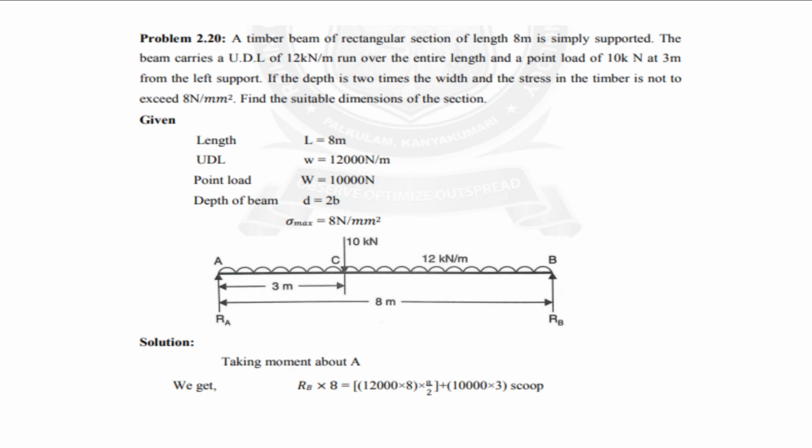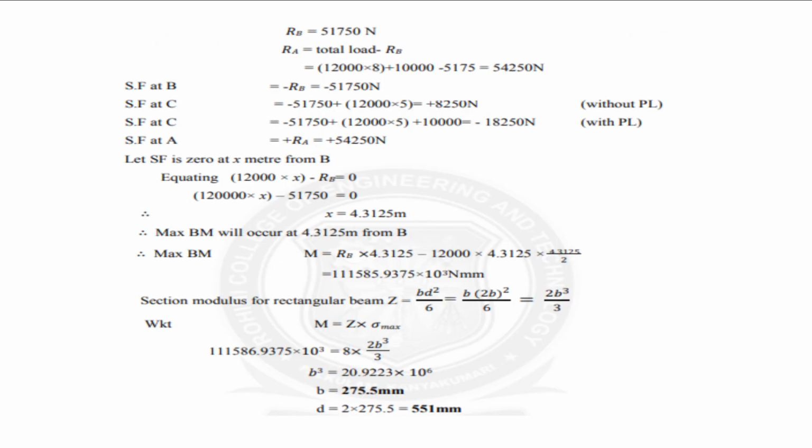So this is the simply supported beam with the full UDL. At a 3 meter distance you have the 10 kilonewton point load. For finding the reactions RB and RA, RB is equal to 51,750 Newton and RA is equal to 54,250 Newton.